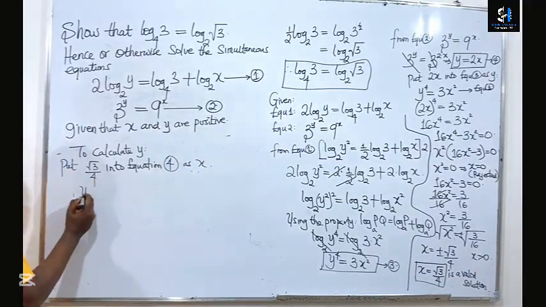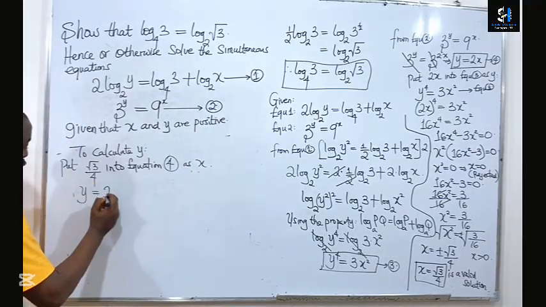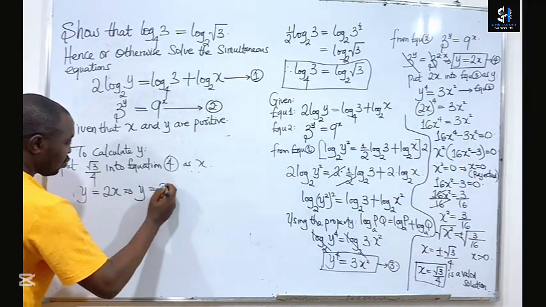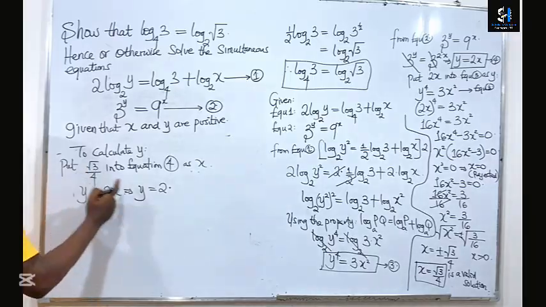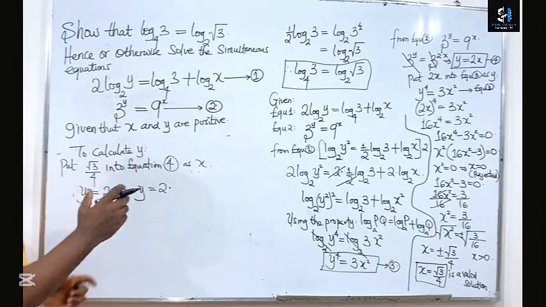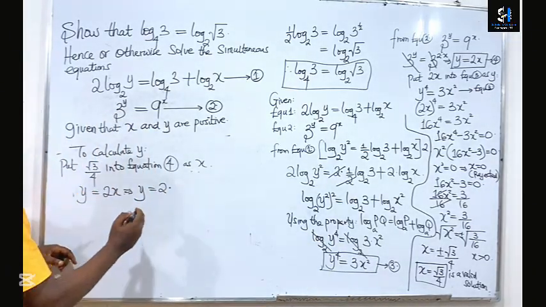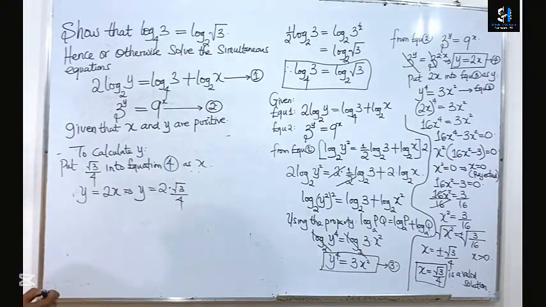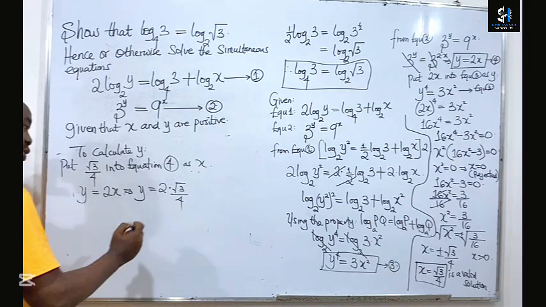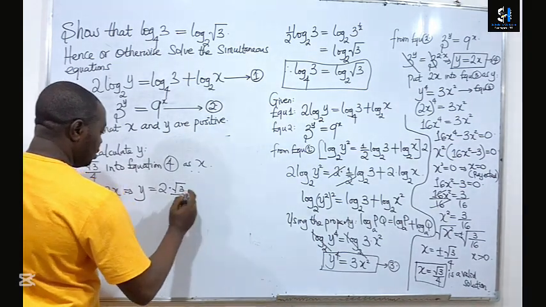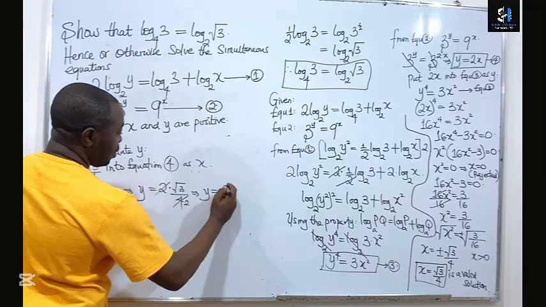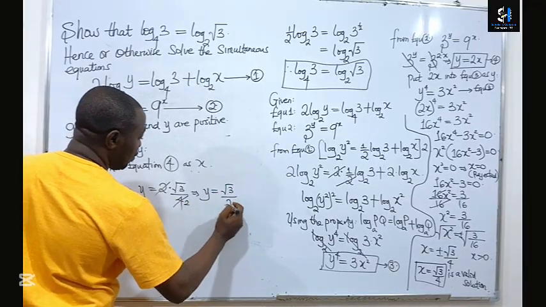And we have equation 4 as y equals 2x. So y will be equal to 2 multiplied by the value of x. I'm using the positive value of x, which is root 3 over 4. So this will be y equals radical 3 over 2.